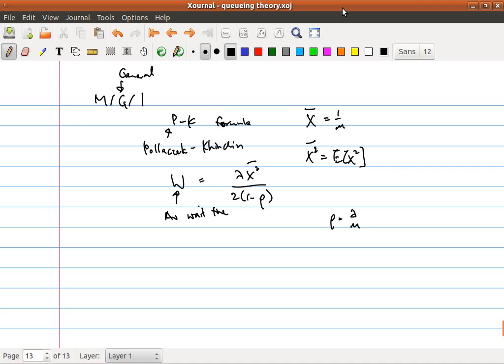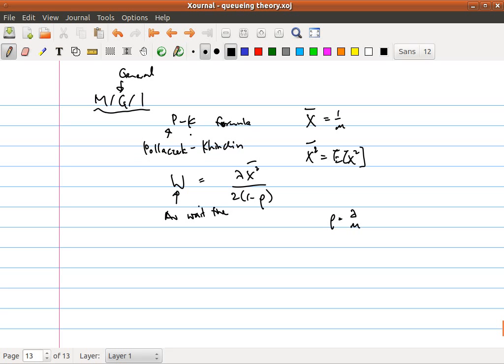However, in some cases we are able to do something. For example, for the case of M/G/1, where G refers to the general distribution of departures, there is a famous result known as the PK formula.